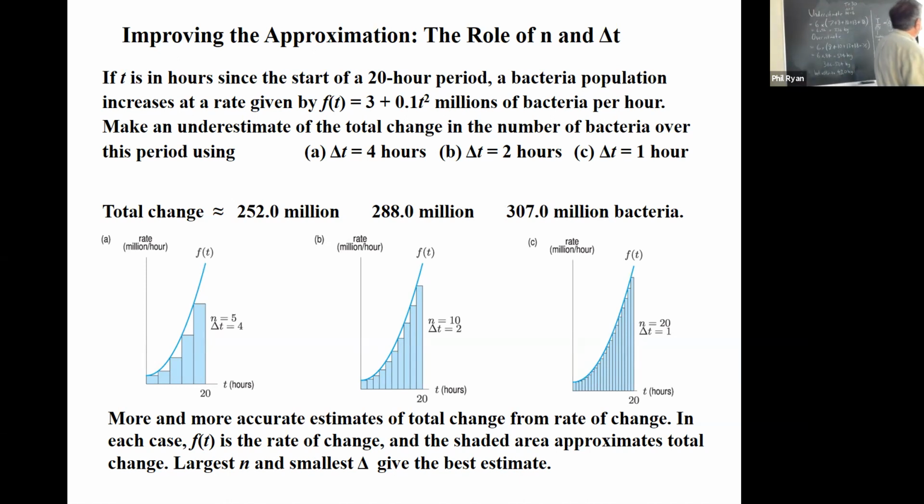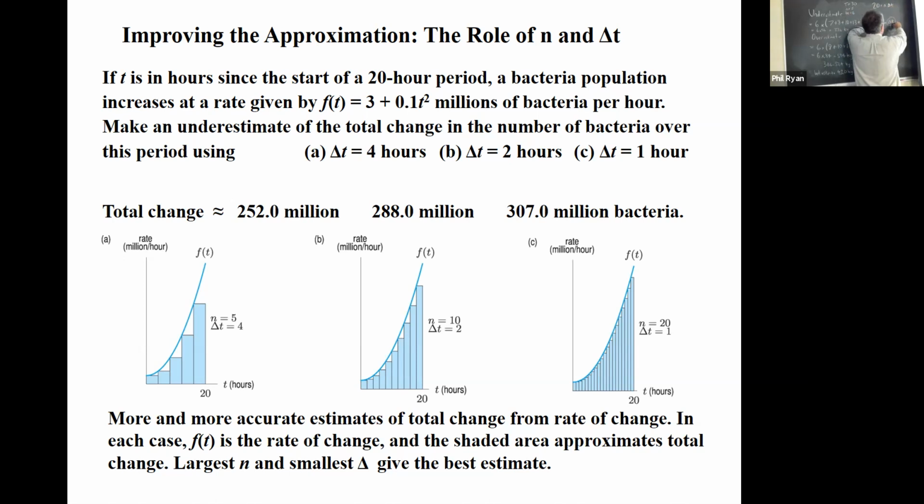So here is a problem. We're given a rate of change, the rate at which the bacteria are growing. We want to figure out how many new bacteria there are over a 20-hour period. So our interval length is 20, so 20 is going to equal n times delta t.